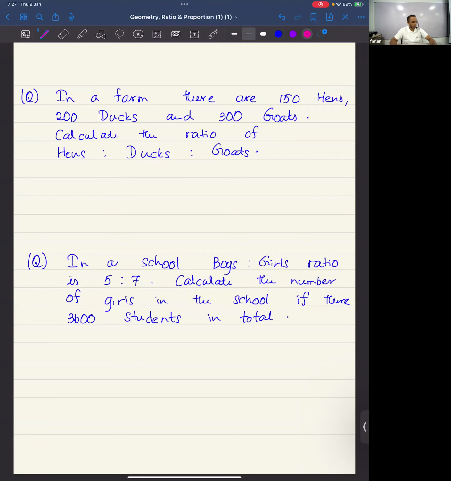Calculate the ratio of hens to ducks to goats. Now there are 3 items.